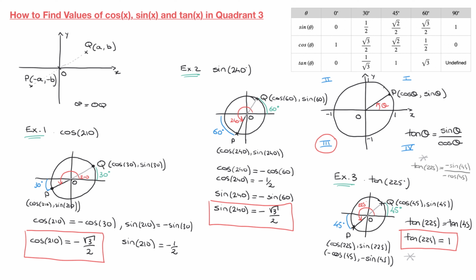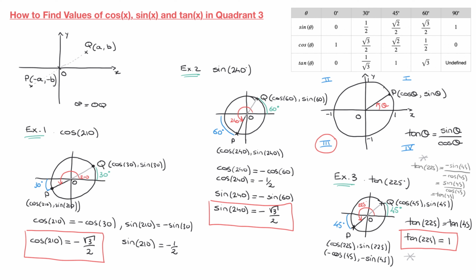And since both of these negatives will cancel each other out, that's just equal to sine of 45 over cosine of 45. And sine of 45 over cosine of 45, well, by very definition, is equal to tan of 45, which is why tan of 225 is equal to 1.